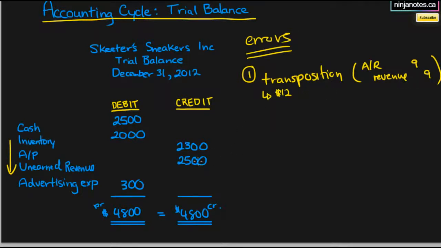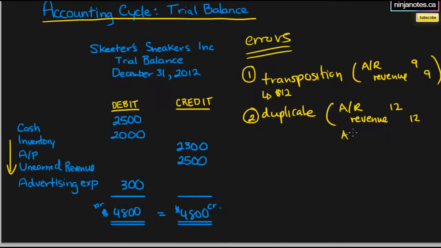So you can see how the trial balance doesn't pick up on some of these specific errors. Another one might be a duplicate entry. If we have the example in the last one, let's say we actually used the right amount and the right accounts receivable and revenue to earn some revenue on account.